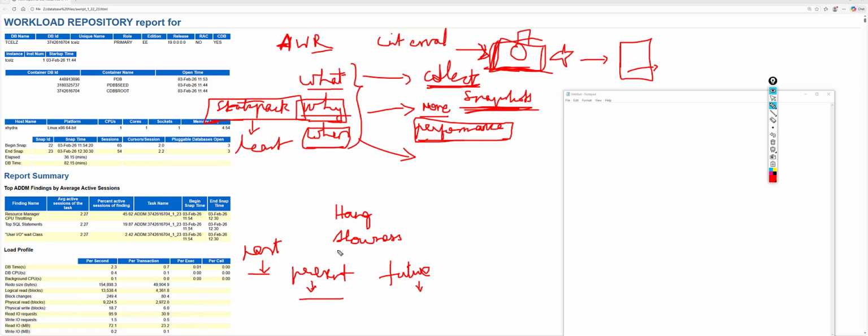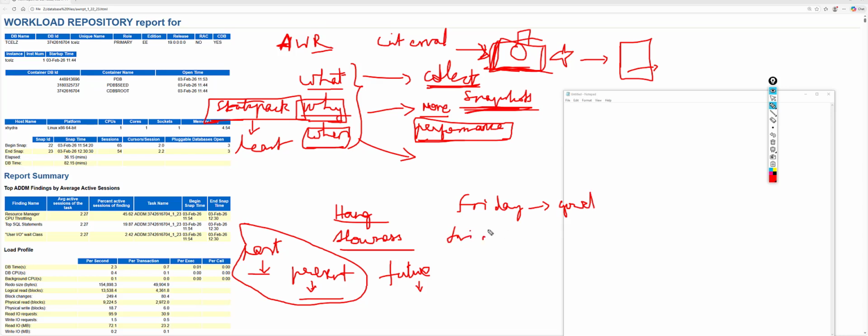Okay, so you cannot completely say whether the AWR report is collecting past or present information, but when you generate an AWR report, it is for a persistent issue. Persistent means a weekly issue: last Friday or last Monday, any day you can take, the job was running good, and this Friday it is running bad.